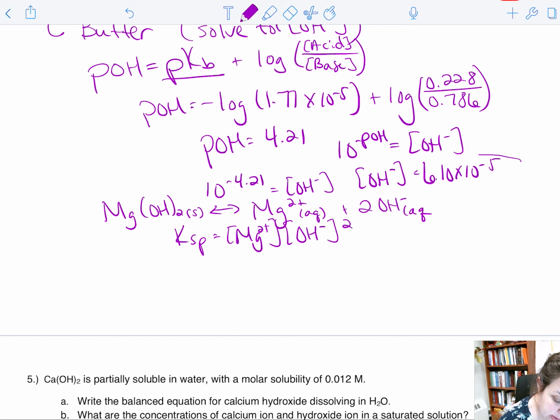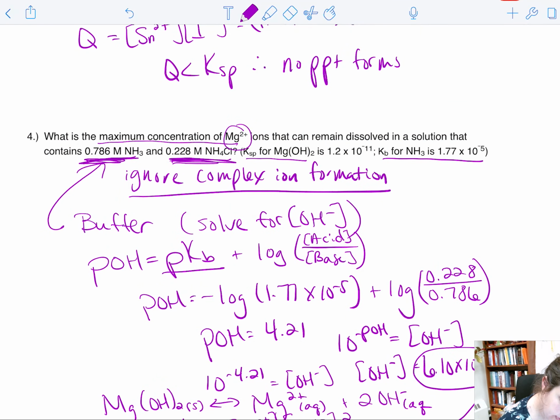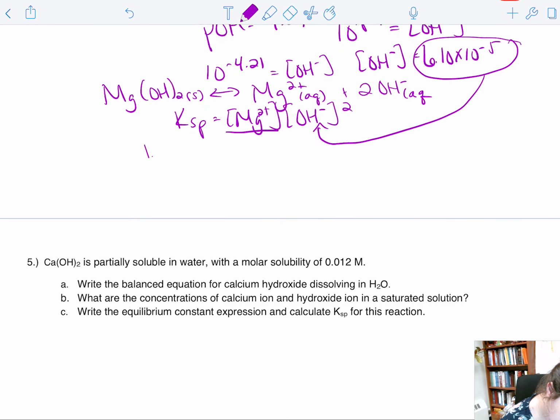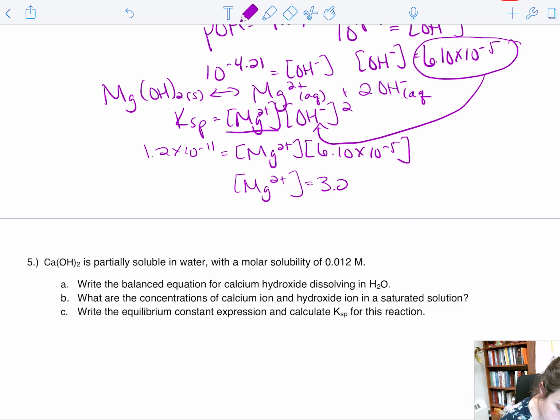We're going to take this hydroxide concentration and place it into this expression, and solve for magnesium 2+. Our Ksp up here is 1.2 times 10 to the negative 11. That will be equal to our magnesium concentration times our hydroxide concentration, 6.10 times 10 to the negative 5, squared. Solve for this, we get a magnesium concentration of 3.22 times 10 to the negative 3 molar. So anything above this point and a precipitate will form.